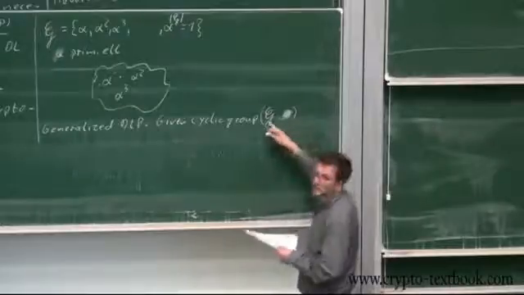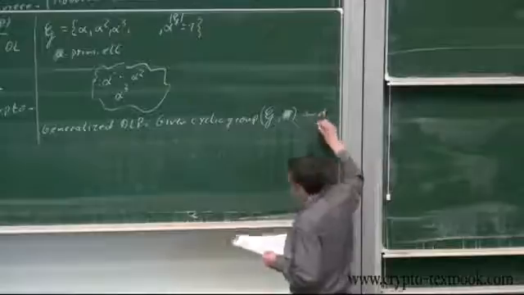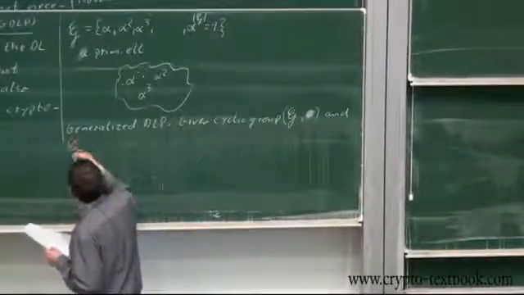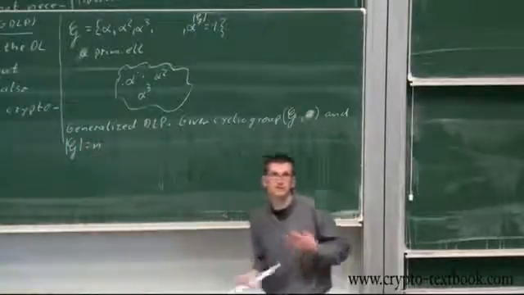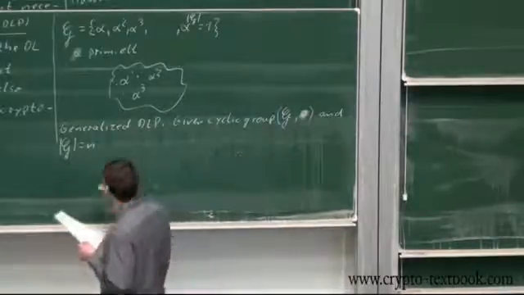Given cyclic group G with this operation donut, and this group order, this group cardinality, the number of elements, is denoted by lowercase n.